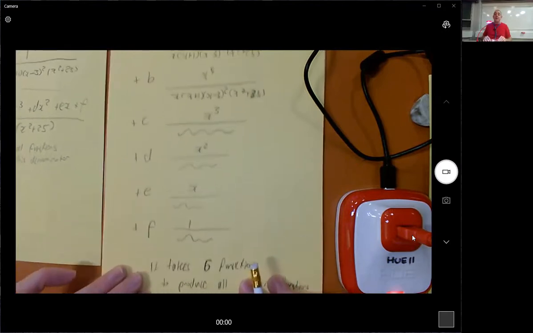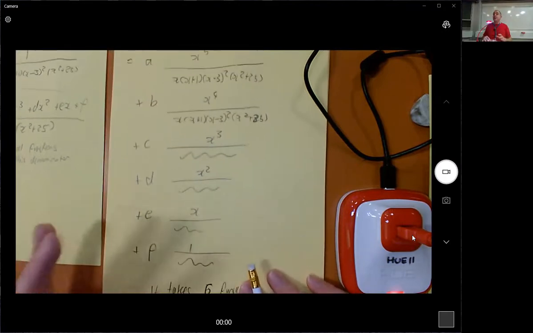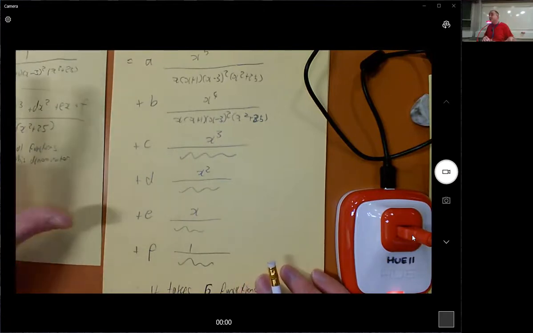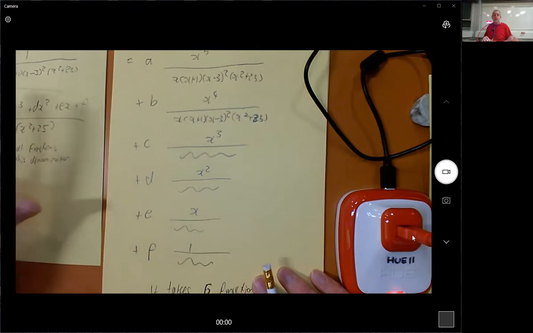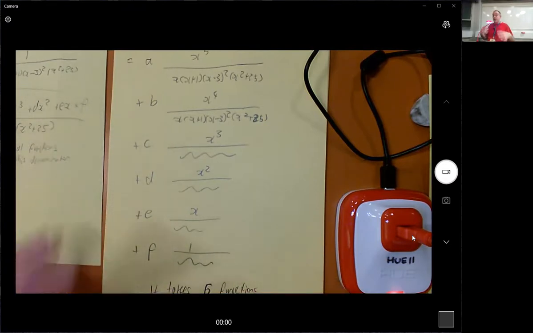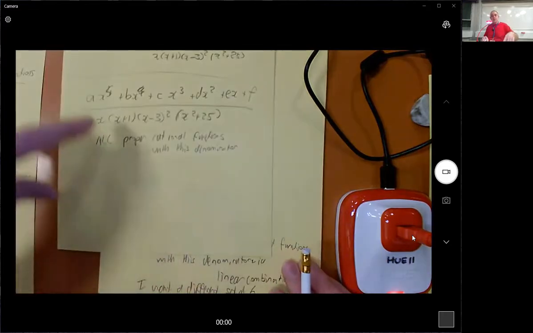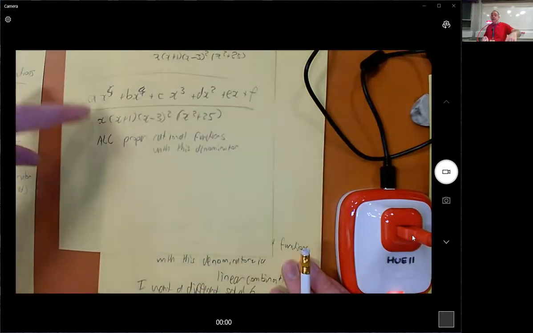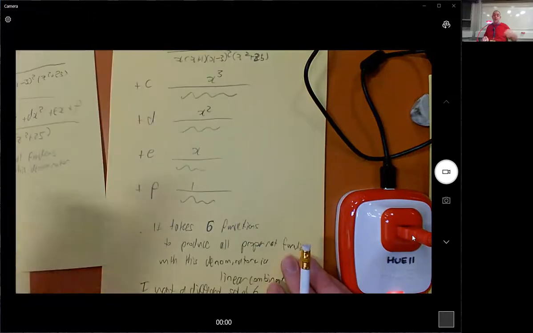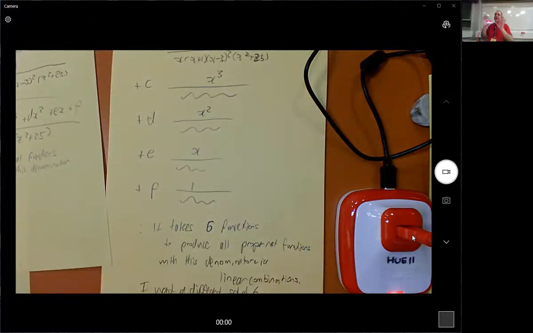I'm just going to have to guess and try and find the ones I want. The theory of partial fractions says that there's a good choice for what they would be. But the theory of partial fractions is based on the fact that if I want all the rational functions with this denominator, then I'm going to need 6 other functions if I want to create it out of linear combinations this way. How are people feeling?